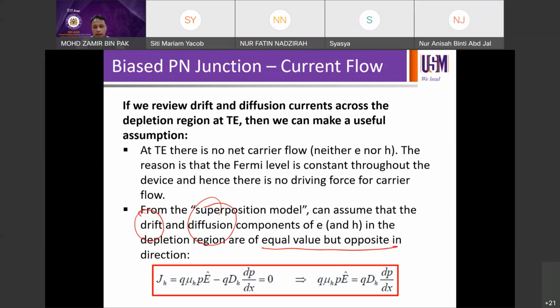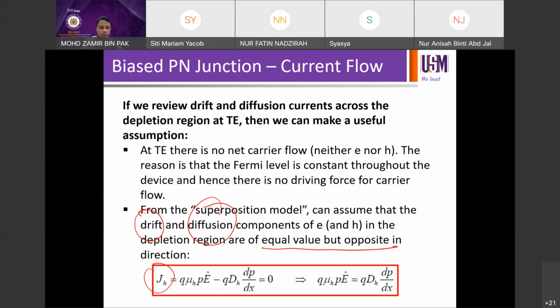And therefore, if you talk about the current density associated with holes, remember the current density of a carrier in this particular condition is given by the summation of your drift component and your diffusion component.